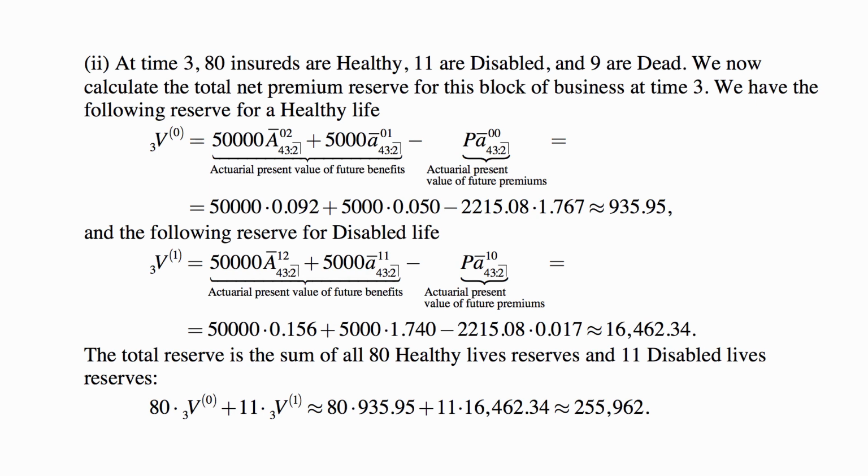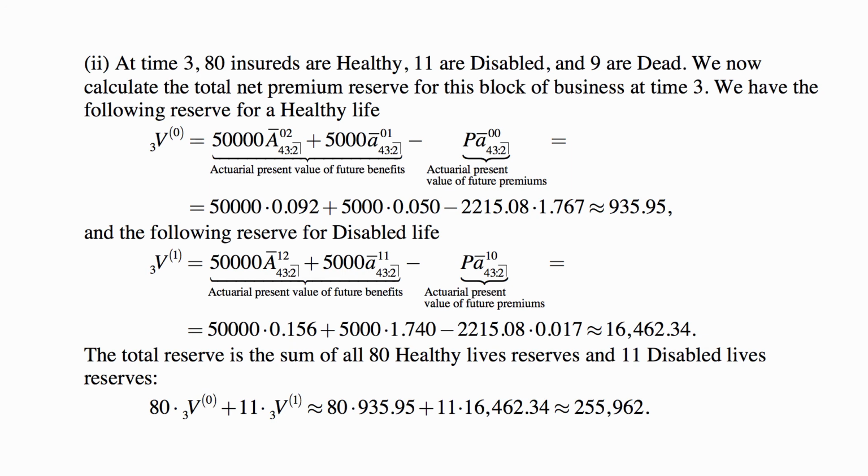And then 02, you need to pay attention to the meaning of that. That means that the person starts out healthy, and 2 means that the payment is made the moment the person transitions to state 2. Now, of course, state 2 is absorbing, so there is no transition anymore. That's it.